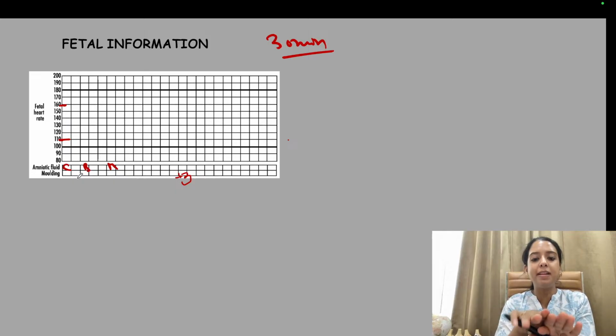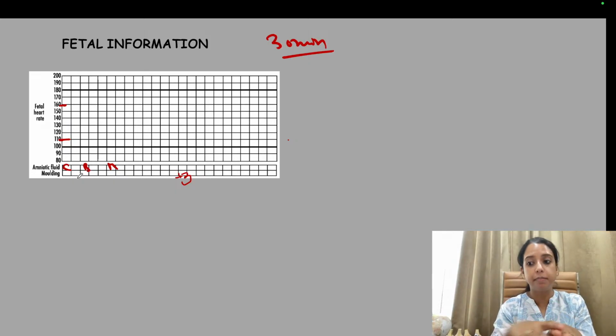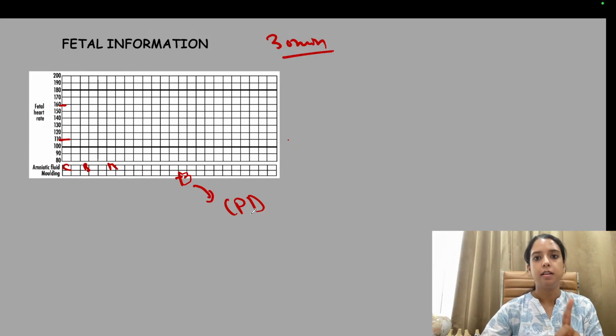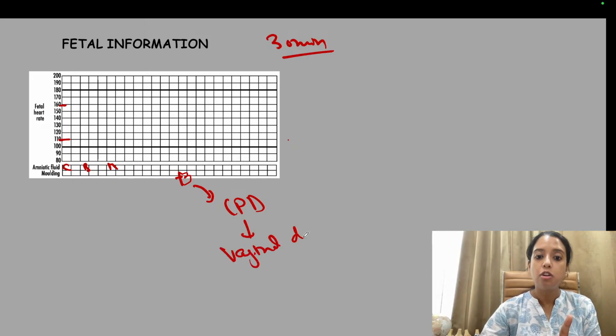If they are overlapping but slipping back, grade 2. Overlapping and not slipping back, grade 3. Whenever your question gives grade 3, it indicates CPD, meaning vaginal delivery will not happen.